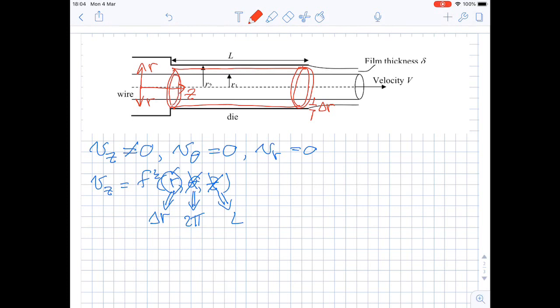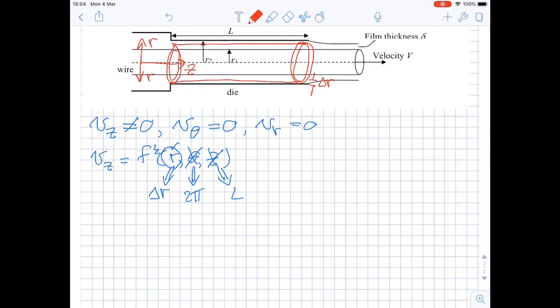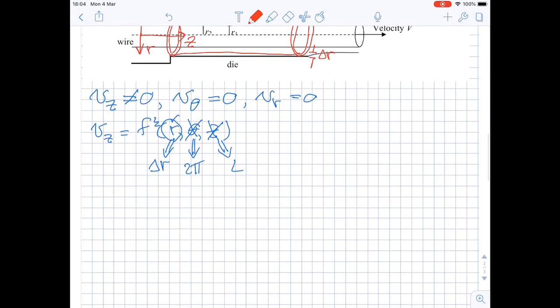Okay, so if I redraw the shell, I should have something like this.